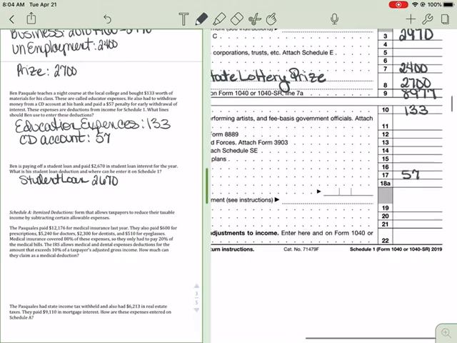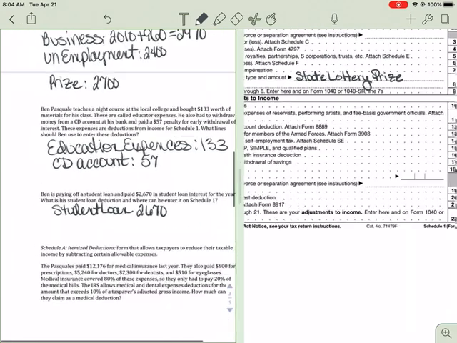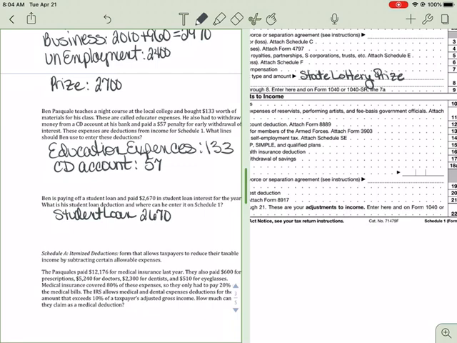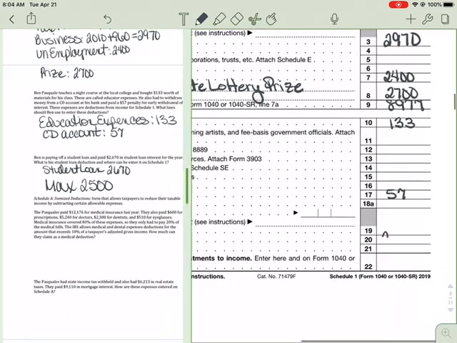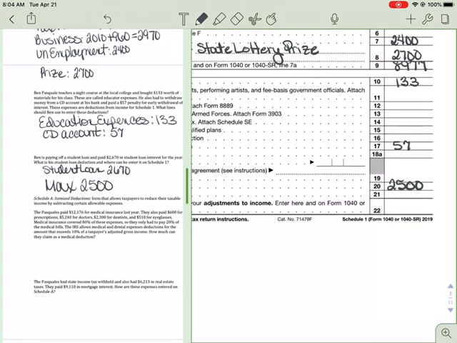Okay, but the problem is that you can only do a maximum of $2,500. So we can only take $2,500 as a deduction. So if your student loan interest is more than that, you're only going to get $2,500.